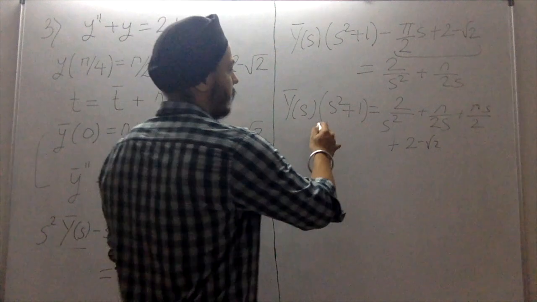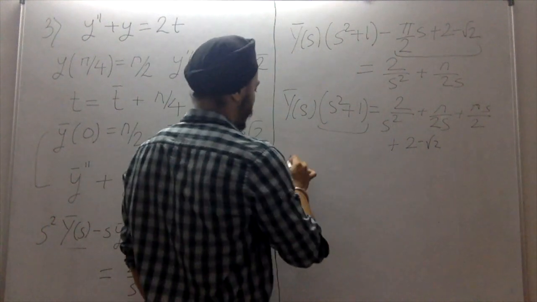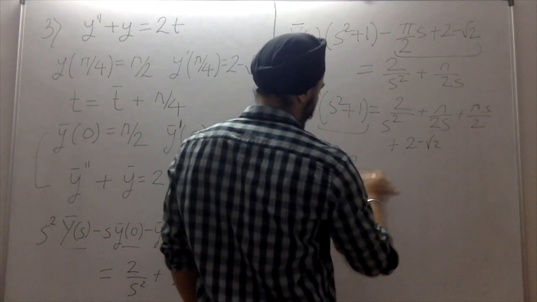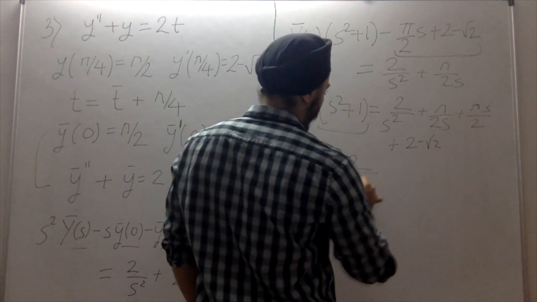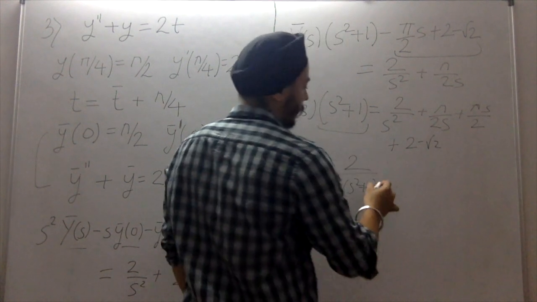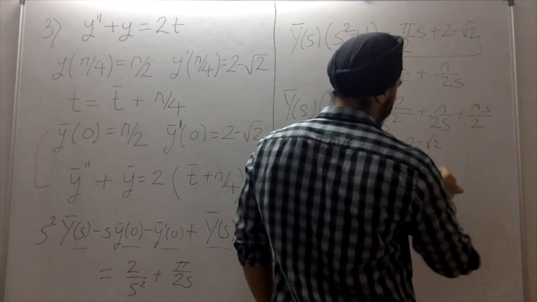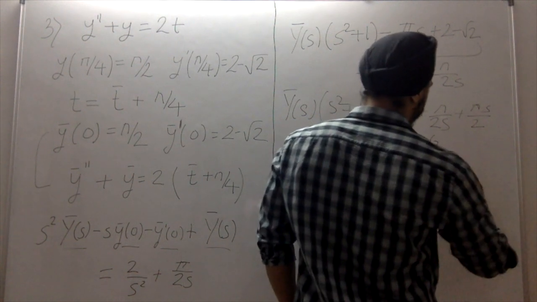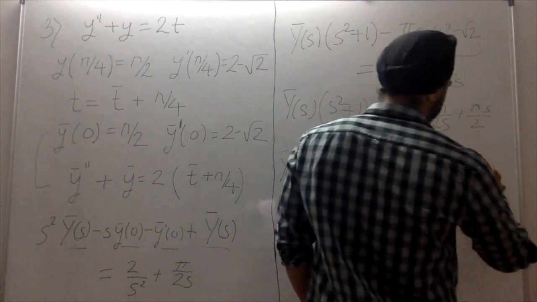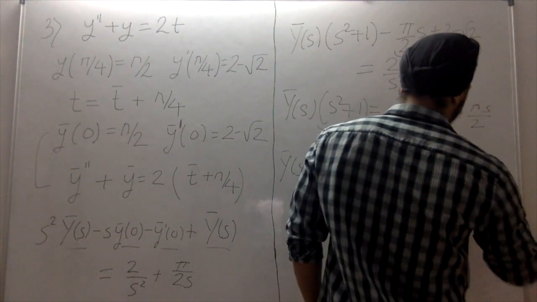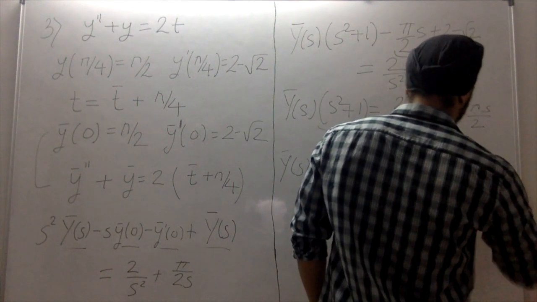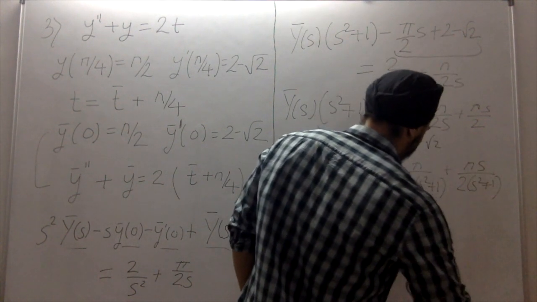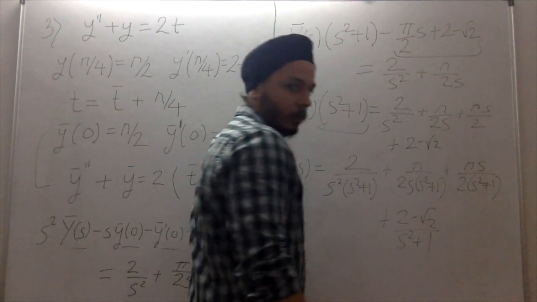Now let us take this s square plus 1 downside, hence y bar of s equals 2 over s square times s square plus 1, plus pi by 2s times s square plus 1, plus pi s by 2 over s square plus 1, plus 2 minus root 2 over s square plus 1.